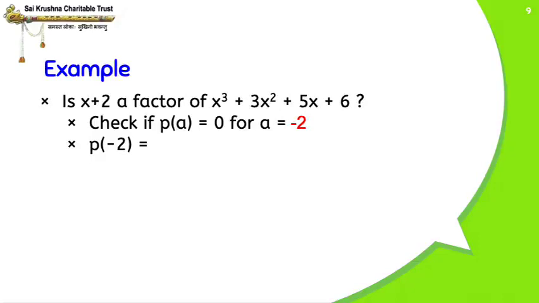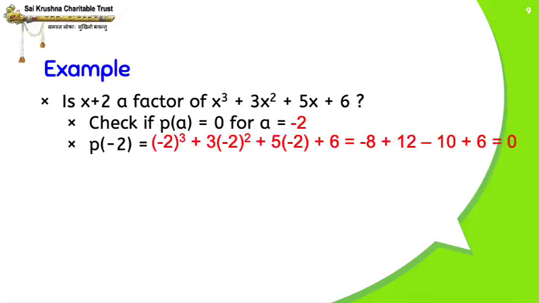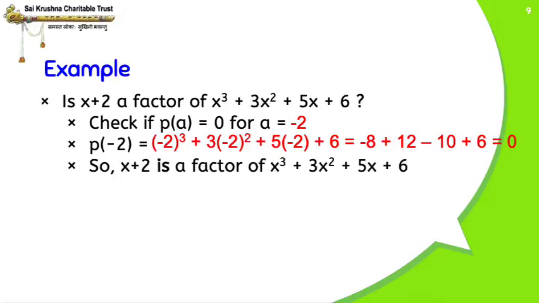What is p of minus 2? You can replace x by minus 2, and if you do the computation, you will get 0. Okay? So p of minus 2 is 0, so x plus 2 is a factor of this polynomial.